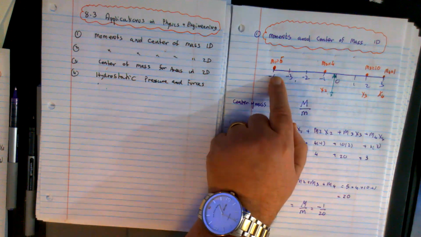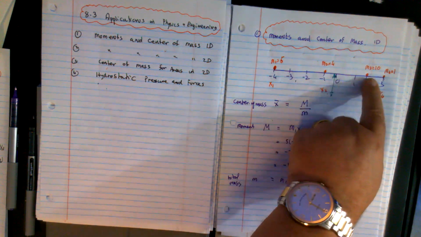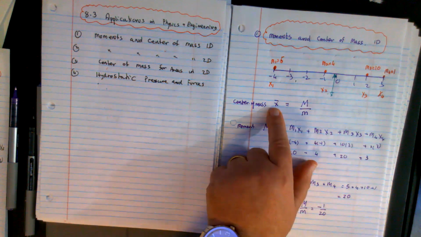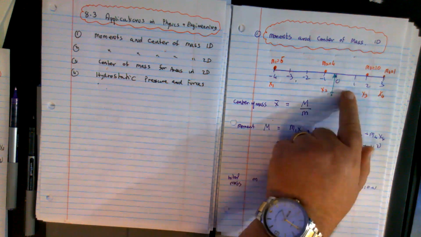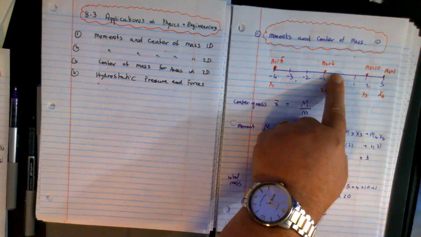When x is -4, there's a mass of 1, there's a second mass, here is the third, and that's the fourth. Well, the centre of mass called x bar is roughly here, right? If you could physically get this object and you put your finger there, it would actually balance, right? The left and right hand side would be equal.